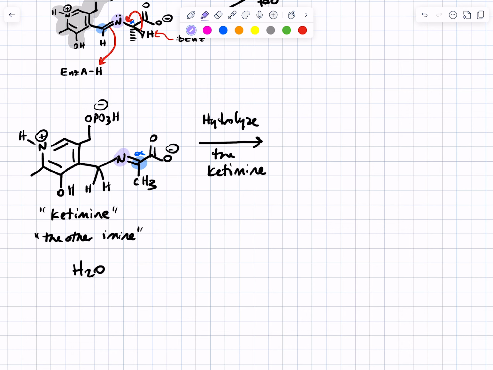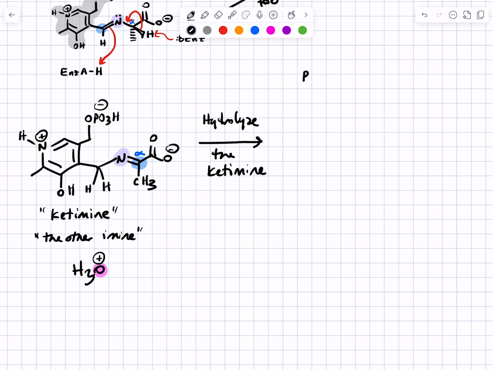That is, you're going to break apart the nitrogen and the carbonyl carbon, breaking both sigma and pi bonds. You'll break apart the oxygens and hydrogens on H3O+. Then you'll put the oxygen from H3O+ in place of the nitrogen in the ketimine, and then you'll put the protons from H3O+ on the nitrogen.